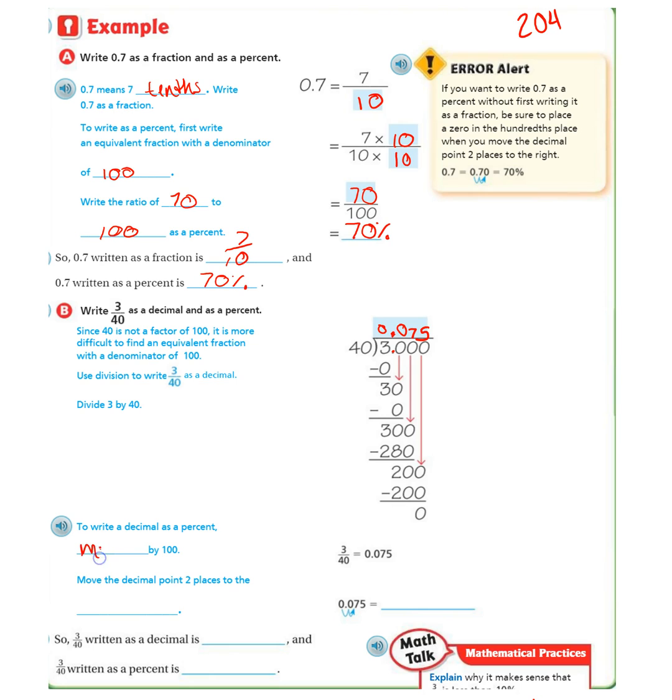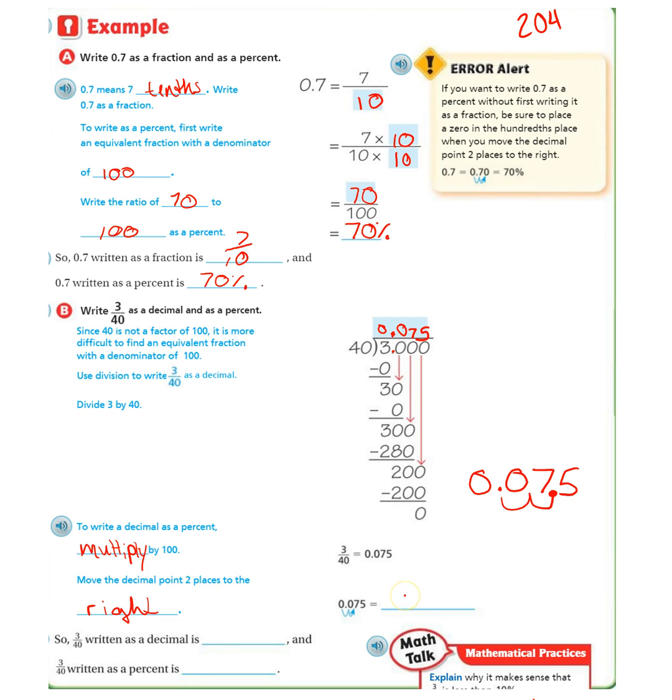To write a decimal as a percent, multiply by 100. Move the decimal point 2 places to the right. So we have 0.075. We move our decimal 2 places to the right.